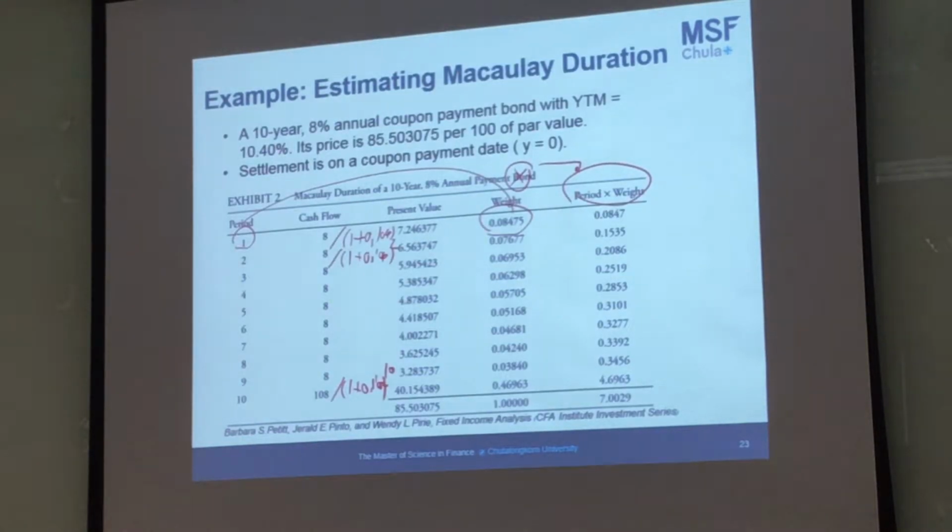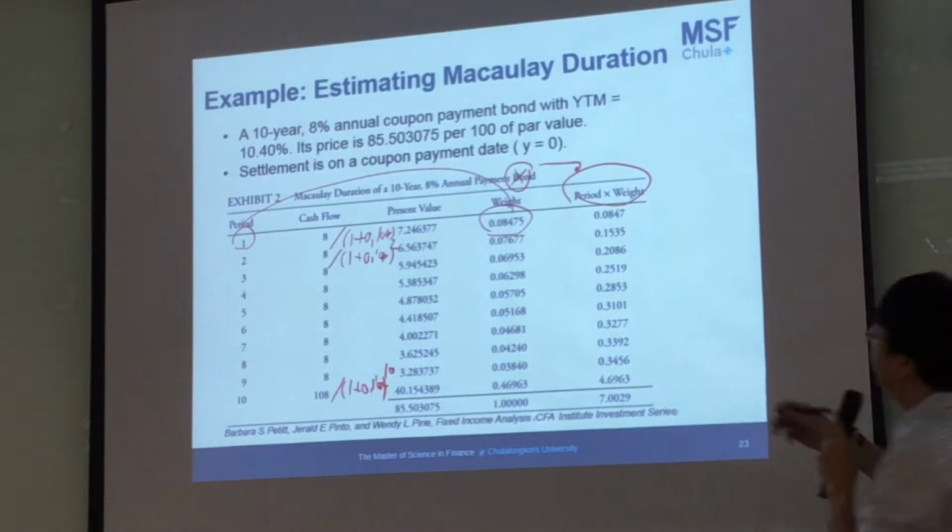In this case, one period is 1 year. If the coupon is paid every 6 months, the period can be 6 months or 0.5 year. So the duration that you estimate can be in years or in half years, so you have to convert.